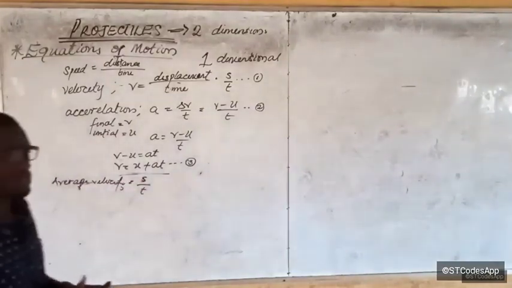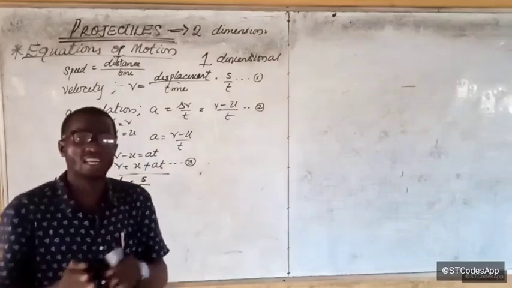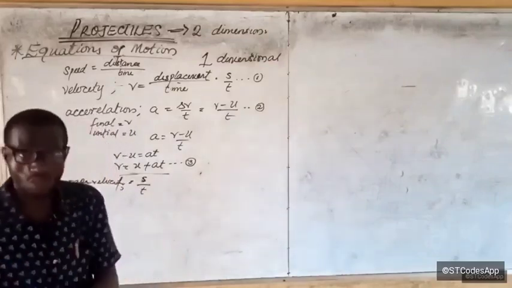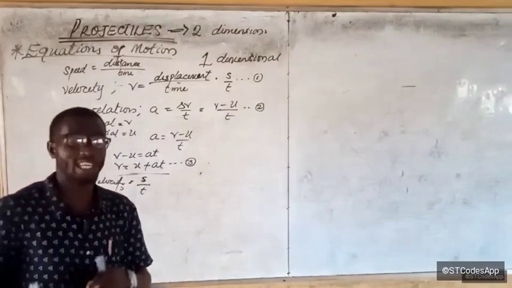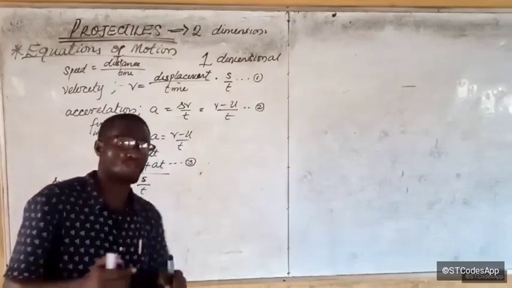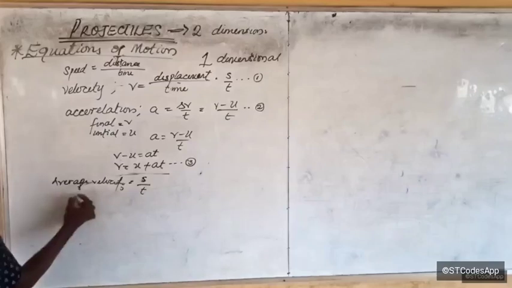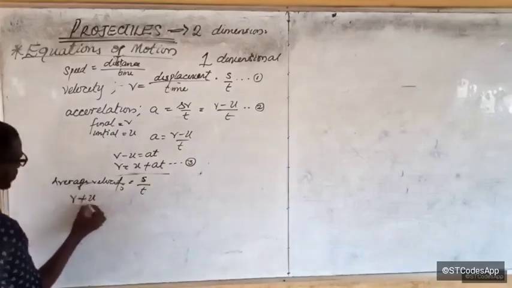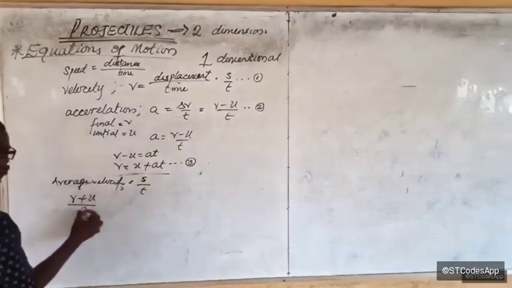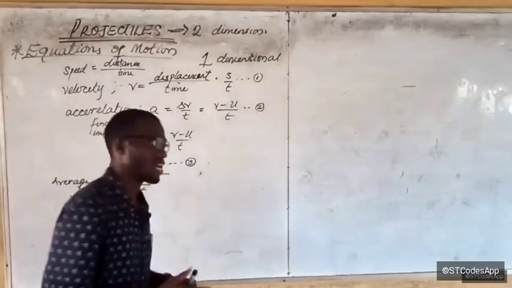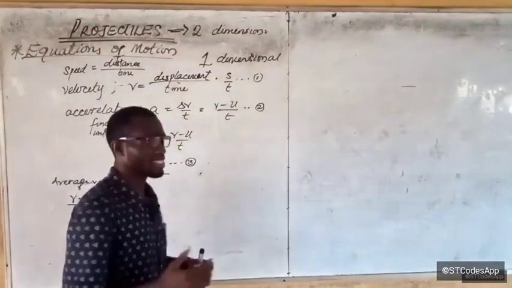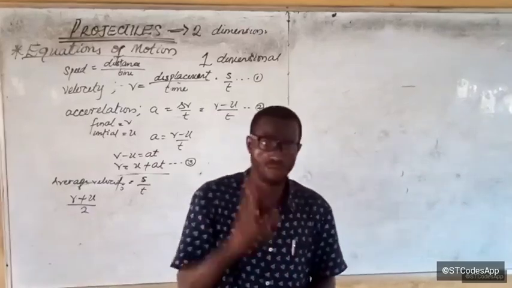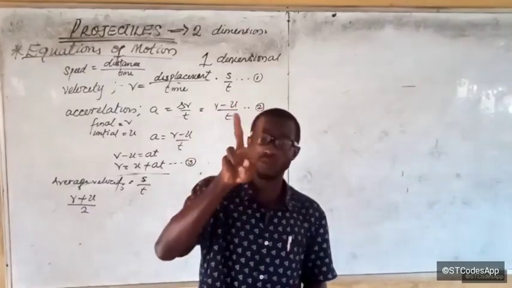Average velocity simply means we have an initial velocity and a new velocity. Initial velocity could be 0, could be any number, any velocity at which the body was moving initially. So this would become v plus u, over 2. It is like when I say take the average of 2 things, that would be the addition of those 2 things over 2.